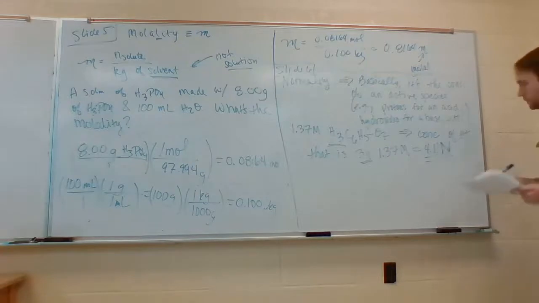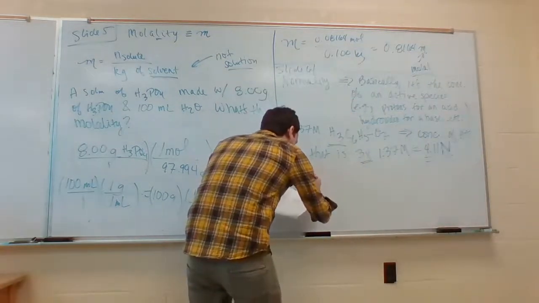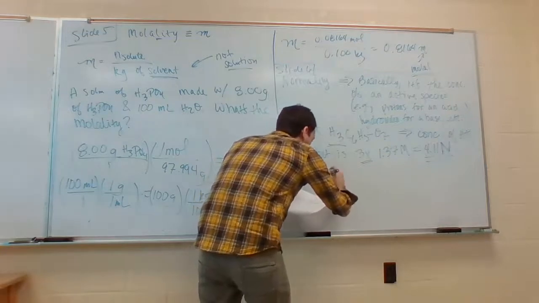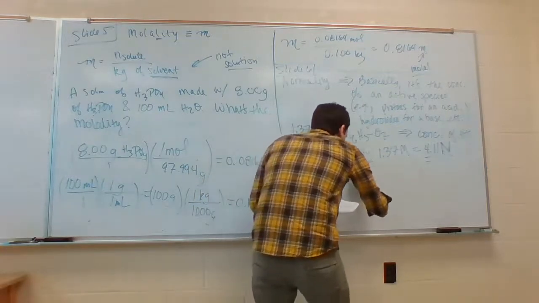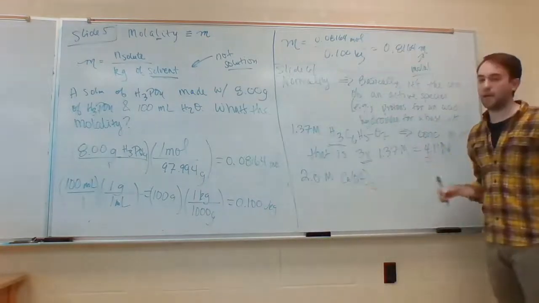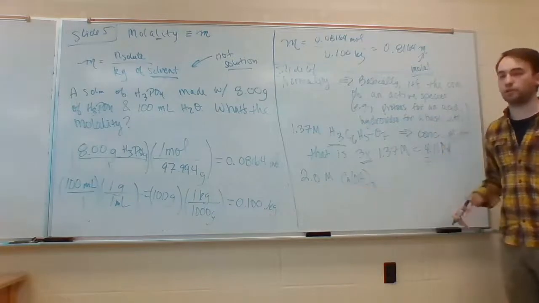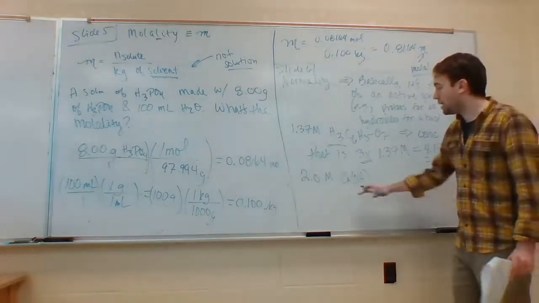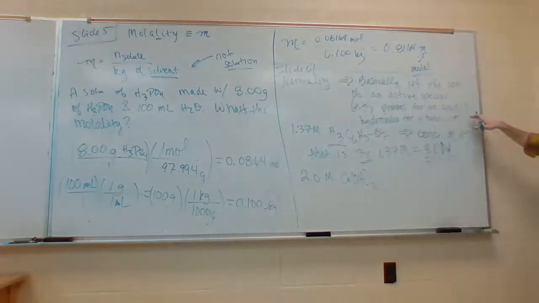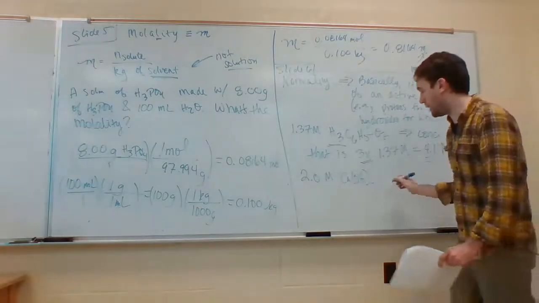Another example would be, let's say we have 2.0 molar calcium hydroxide. That's calcium, and then we have two hydroxides bound to the calcium. As I said, the active species are going to be the hydroxides for the base. How many hydroxides do we have?